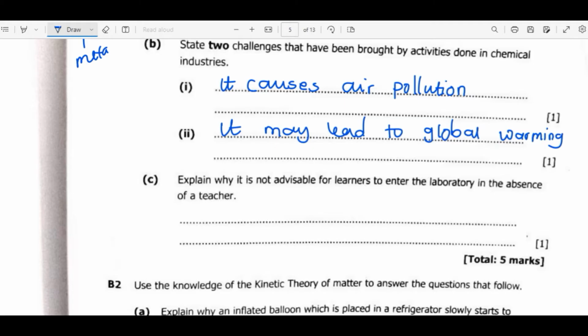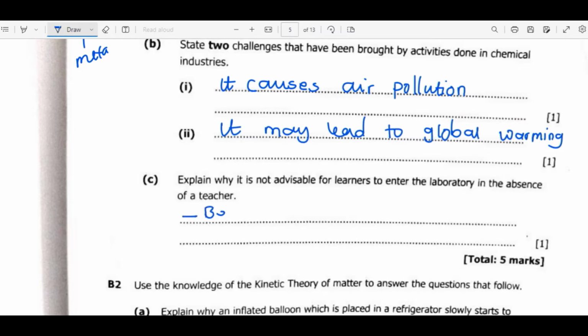Then the teacher will also tell the learners what to do and what not to do. So the teacher is just there to command, also to give the go ahead, or say don't do this. So the absence of a teacher is the same as not having a supervisor, so you can do anything regardless of the impact.